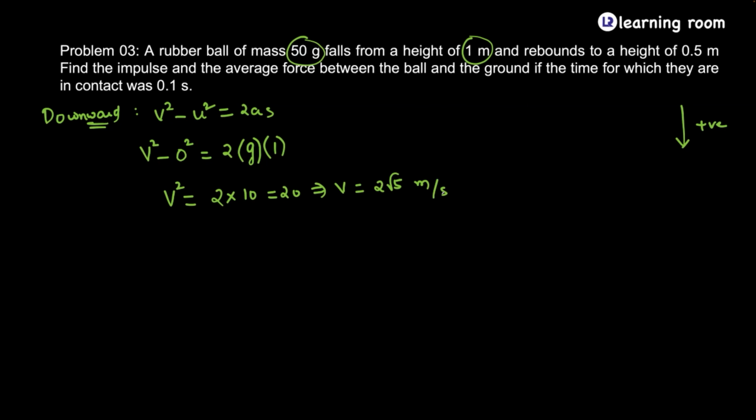So this is the initial velocity. Why am I calling this the initial velocity? Because this is the velocity attained by the particle just before it hits the ground. Impulse comes into the picture only after the collision has taken place. So this is going to be the initial velocity.